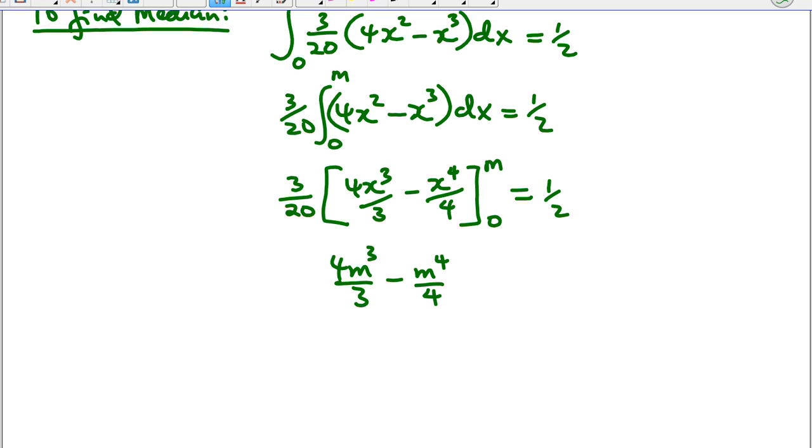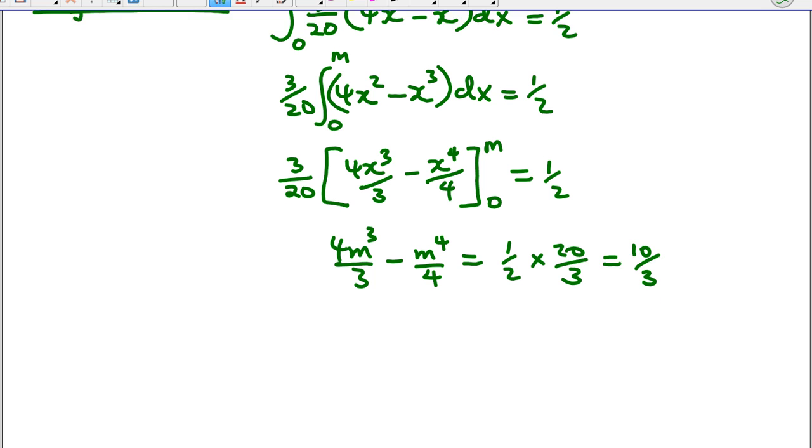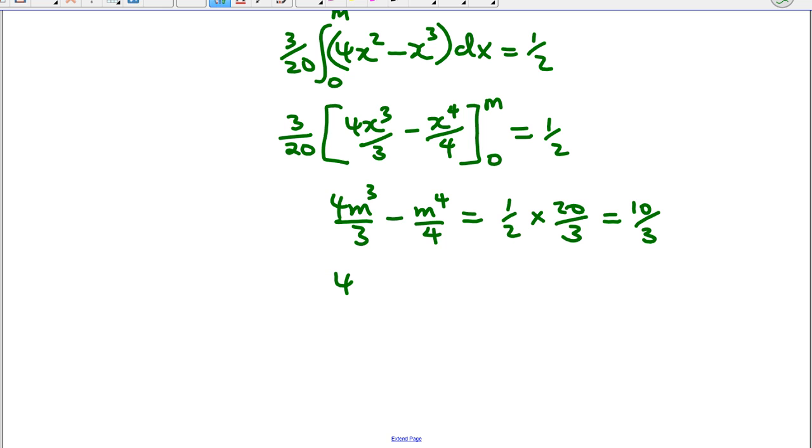If you plug in 0, you just get nothing. If you plug in m, you end up with this. But now this 3 over 20, I'll take it to the other side so that I'll end up with 1 over 2 multiplied by 20 over 3, which will basically give me 10 over 3. So my new equation will be 4m cubed over 3 minus m to the power 4 over 4 minus 10 over 3 is equal to 0.